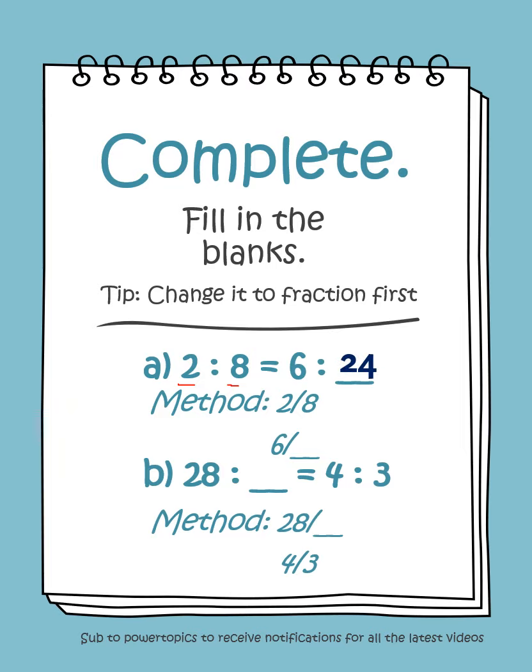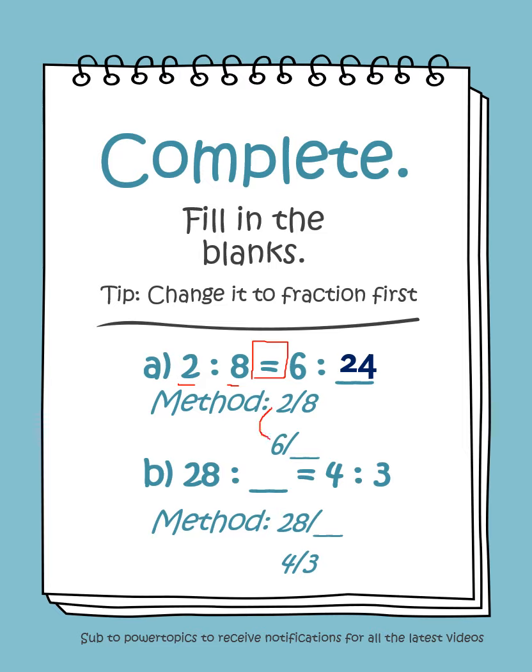And let's look at the method. First, I've changed it to fraction form. So we've got 2 over 8 and 6 over, we need to find the number. So remember that these fractions are equal. 2 times what number is equal to 6?